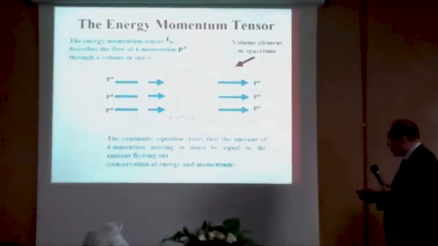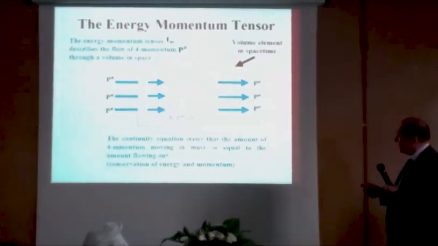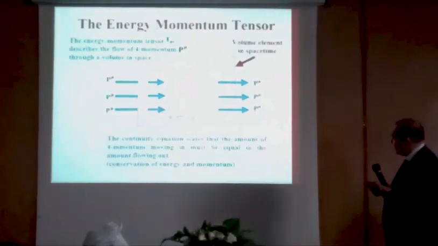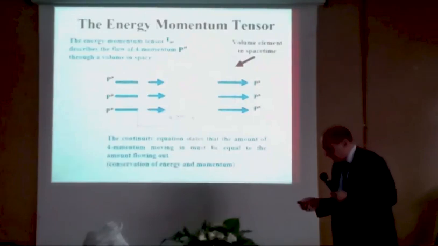This is the continuity equation. So if I have the flow, this is the energy momentum tensor. This is just a simple explanation. I have flow of energy and momentum, and of course, because of the equation of continuity, what is coming in is what is coming out. But this definition is very simple.